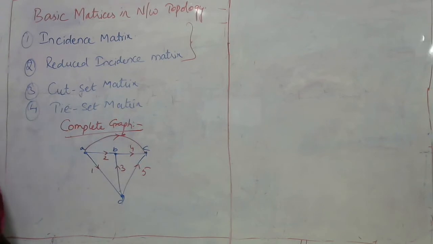So the total number of branches is 6, that is 1, 2, 3, 4, 5 and 6, and the number of nodes is 4. So here, we can say that a particular graph is a complete graph.